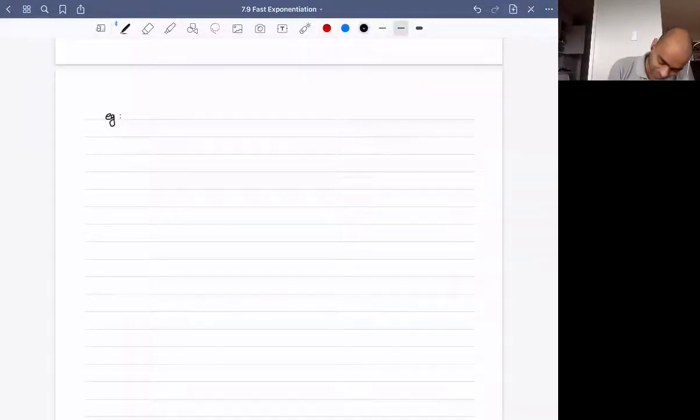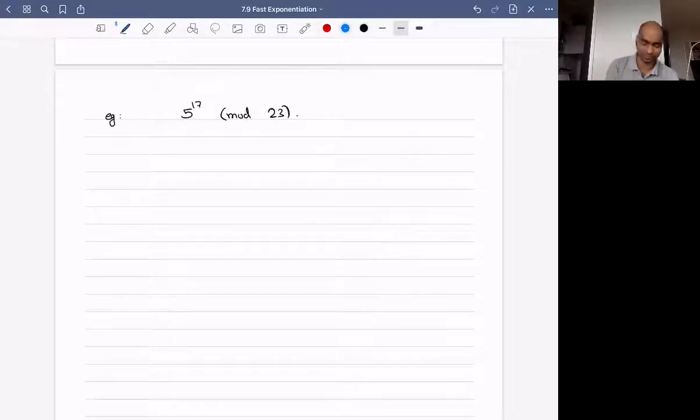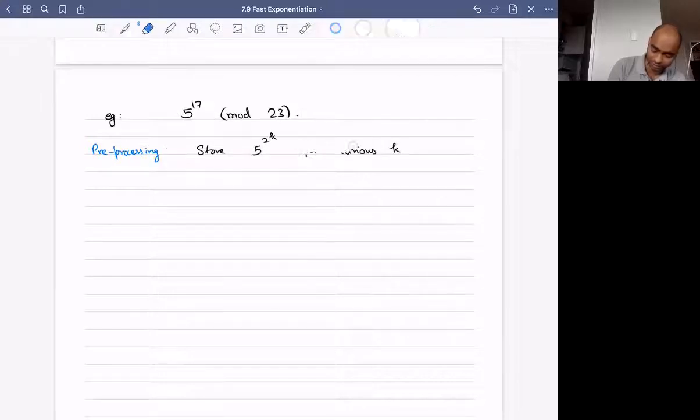Suppose I am asked to compute 5 to the 17 mod 23. So I'm going to write an algorithm which has 2 steps. First is pre-processing. The pre-processing step is I store in my memory 5 to the 2 to the k for various k, 5 to the 2 to the k mod 23.